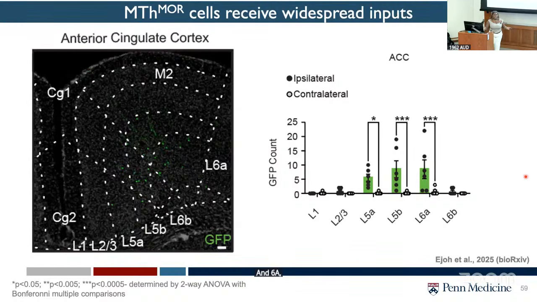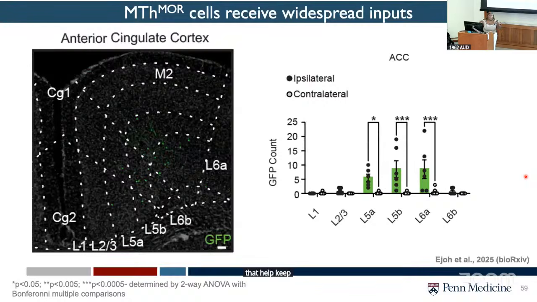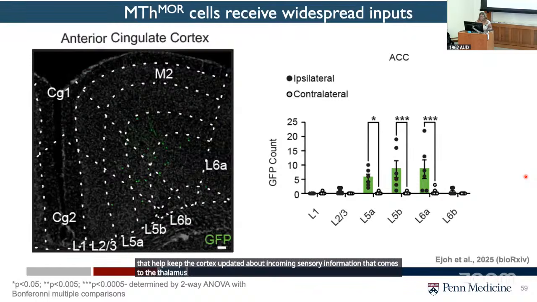This supports evidence in the literature that the anterior cingulate cortex sends layer 5 and 6 projections to this higher order medial thalamus, for the function of maintaining recurrent thalamocortical loops that help keep the cortex updated about incoming sensory information that comes to the thalamus. And in the context of pain, we think that it might even help maintain sustained attention to these pain stimuli.